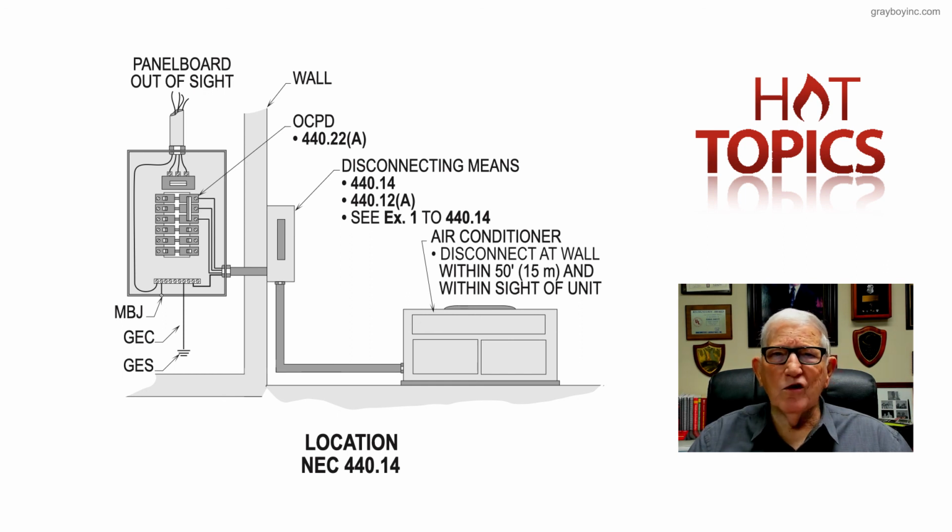So there's nowhere in the code that I can find that a conductor's termination is considered an outlet. Now, I don't believe, in my opinion, that that's what this new NEC 210.8(F) section is about. But again, everybody has an interpretation.